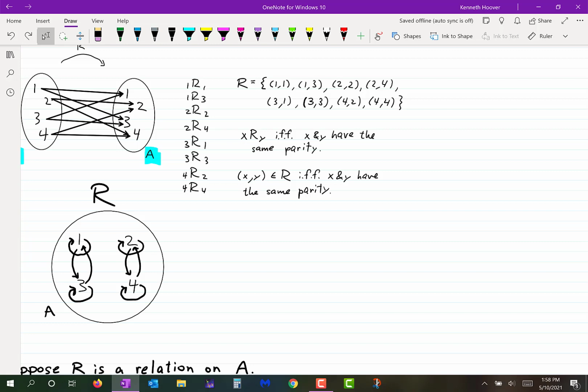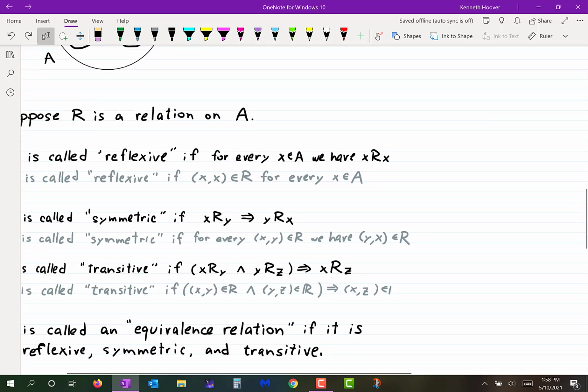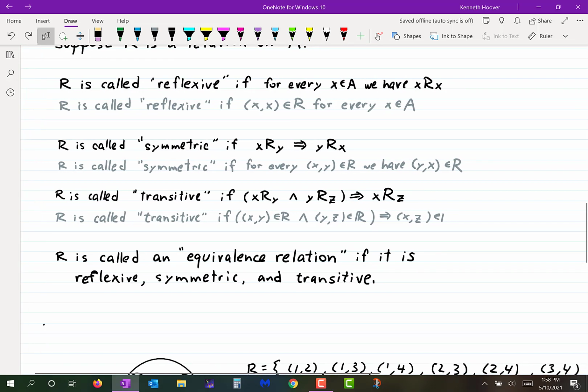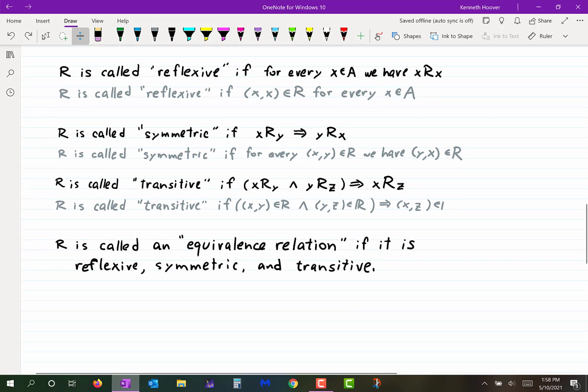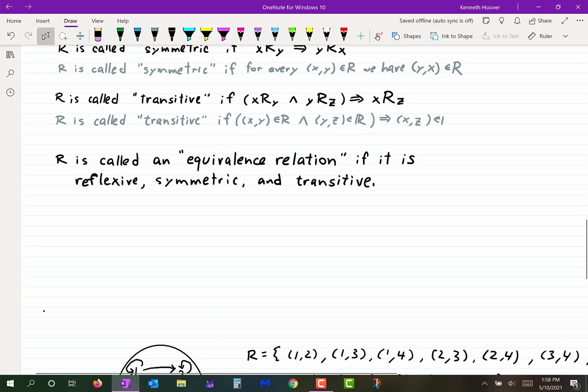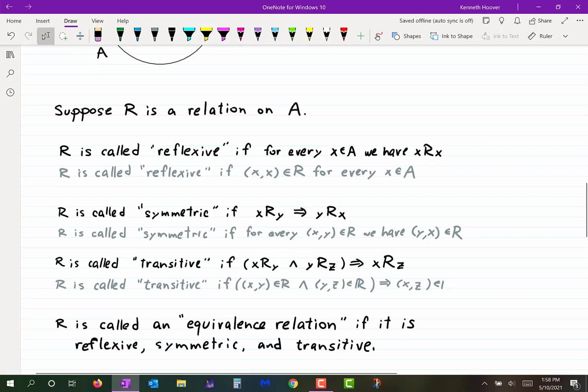Okay? Now, there's something that I wanted to say before, and I said let's wait a minute and look at something that's not an equivalence relation. So we did that. Now I want to get back to equivalence relations.